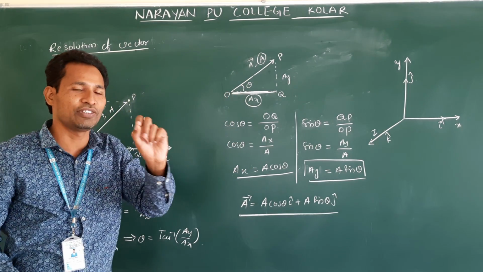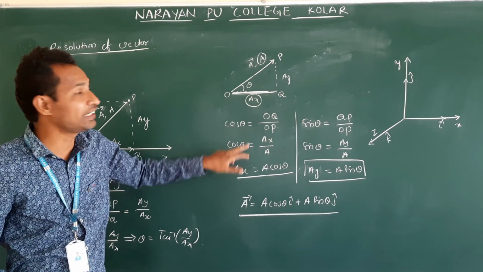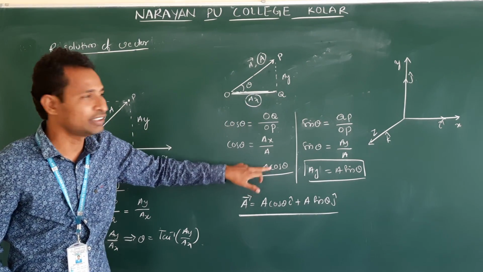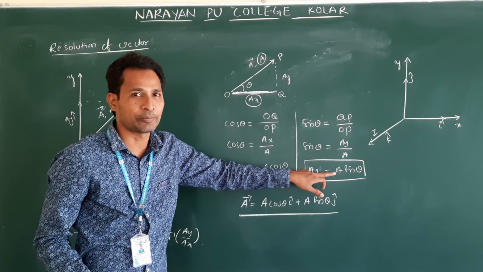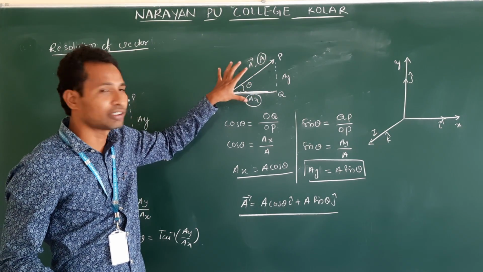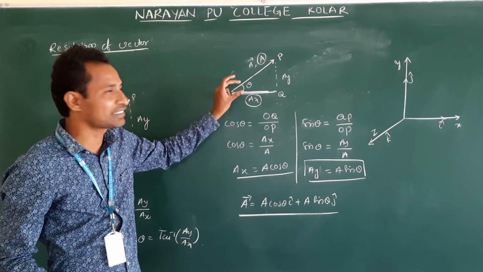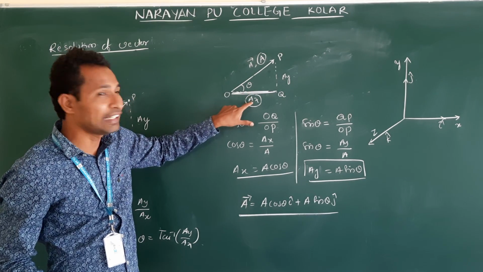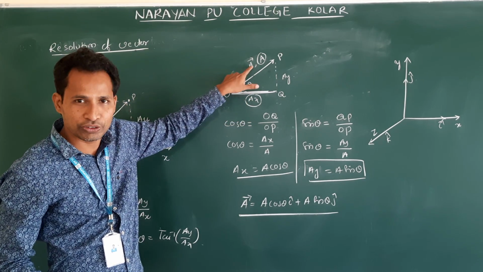This is a blind way to remember, but this is the proof why the horizontal component is cos theta and why the vertical component is sin theta. If you know the trigonometrical ratios, we need the adjacent side, we know the hypotenuse.